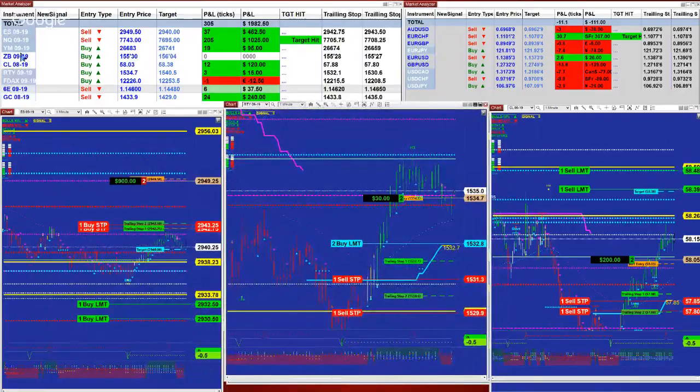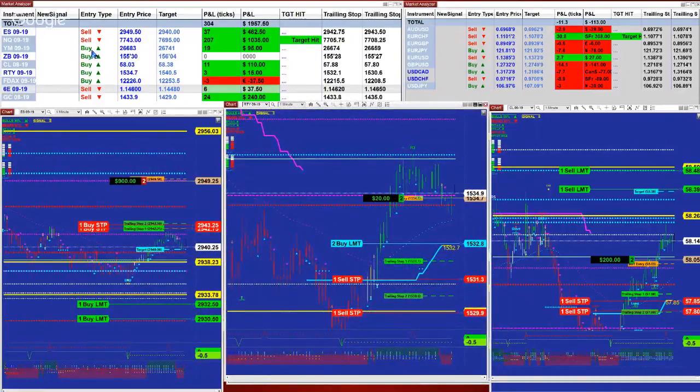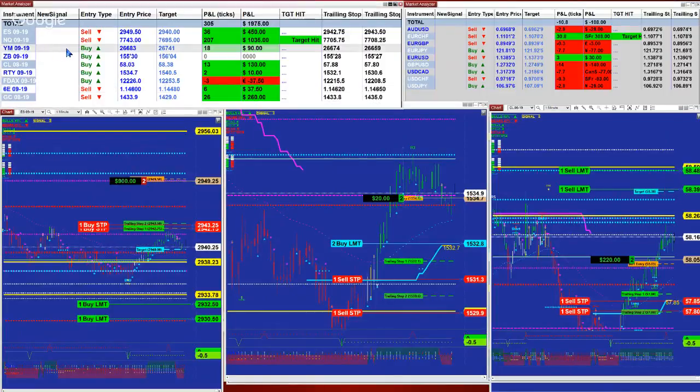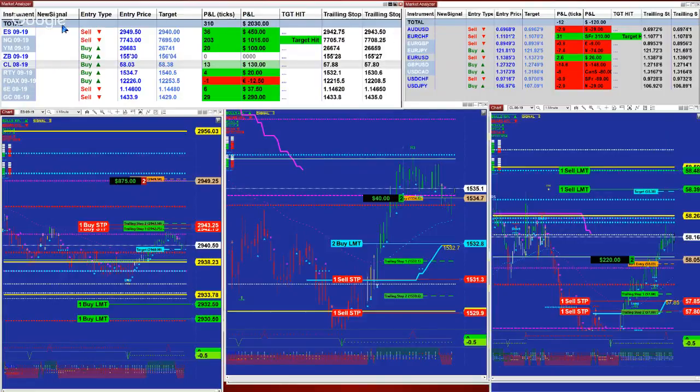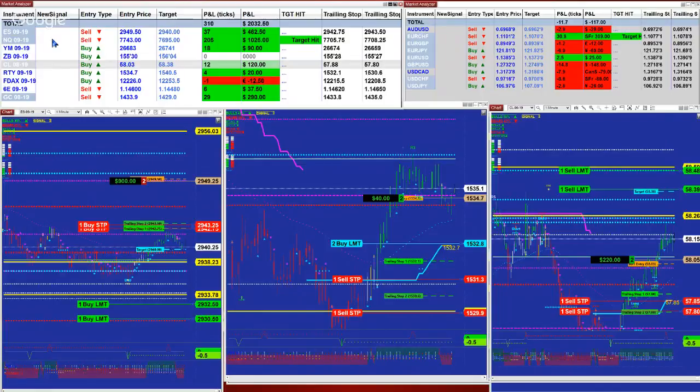When I was gone, I missed the trade on the YM. But whoever followed the YM could have seen the signal telling you to buy, right there where it says a new signal. Sometimes I miss it, guys, because I'm all over the place, and I apologize. But you can keep track of the new signals here on the first column to the left, and you can follow it. You don't need me to call the trade for you.